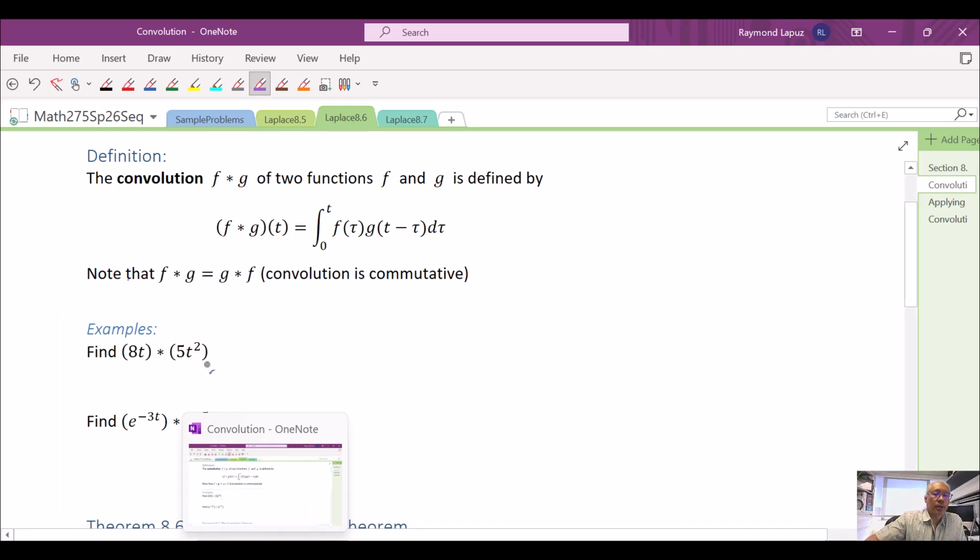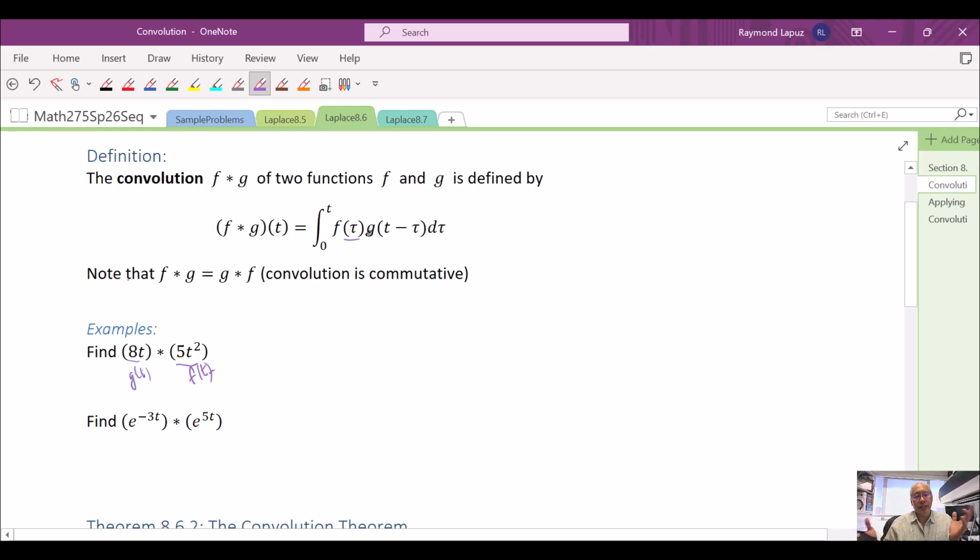I'm going to call this f of t, and this is g of t, because, again, it doesn't matter. This is squared, so I don't want to mess with t minus tau quantity squared.